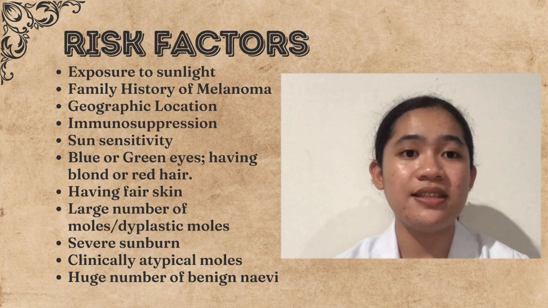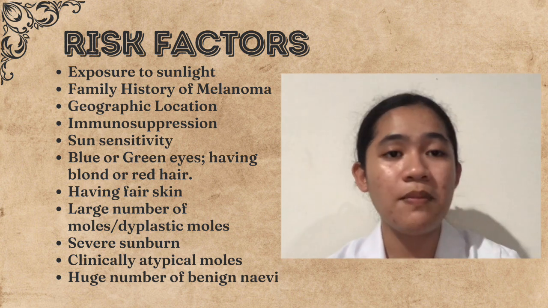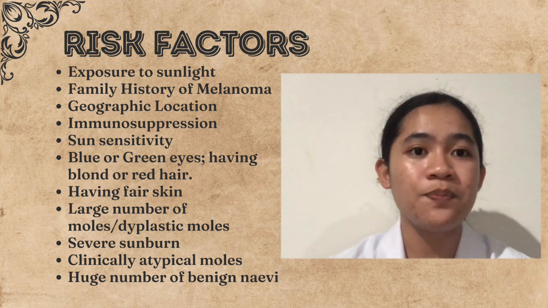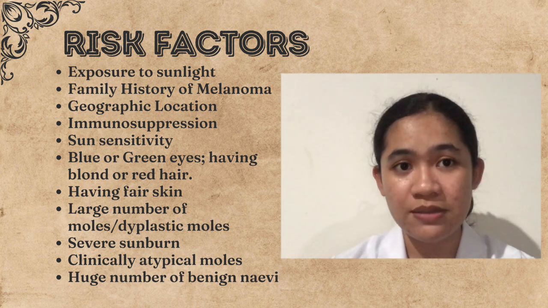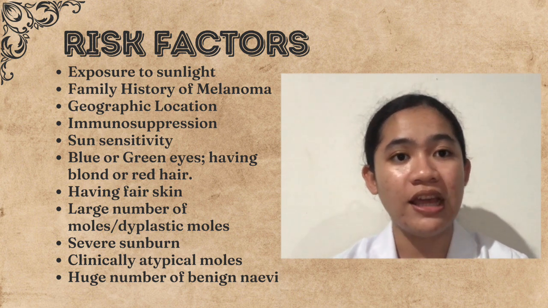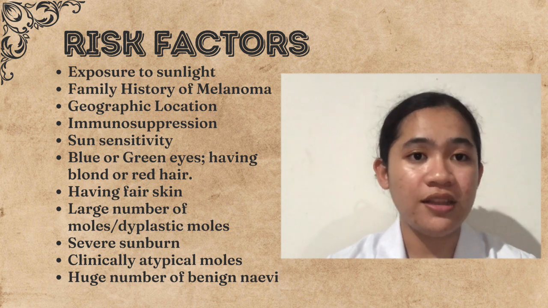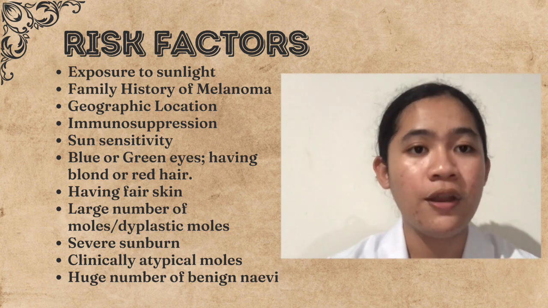It can disguise itself as a mole. So sometimes it's hard to detect melanoma, but with a proper assessment and early detection, melanoma can be prevented or cured right away to prevent it from proliferating to other parts of our body.